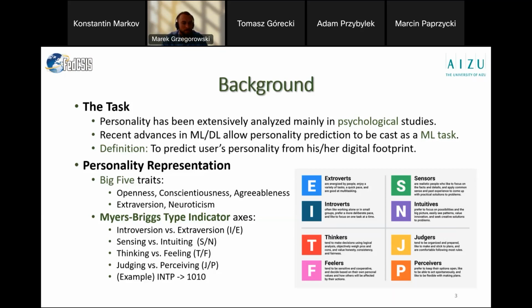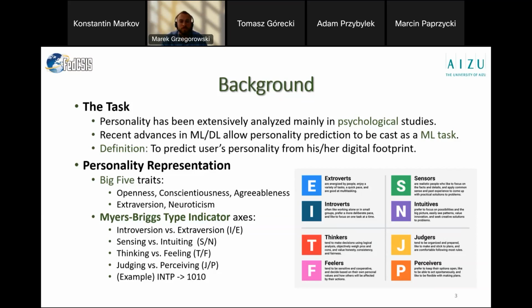Before we start with the system explanation, we need to define how to represent personality in computers. For this, we use a standard representation from psychology, and there are mainly two types.